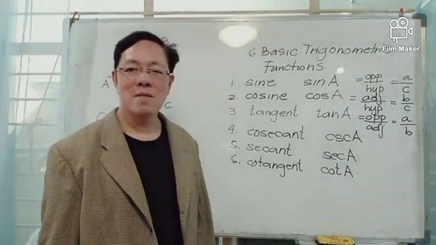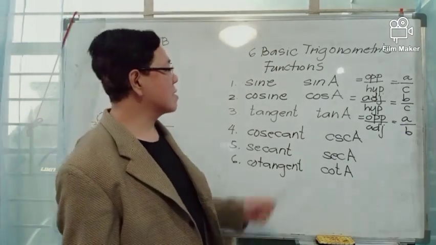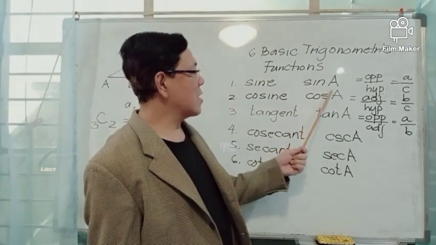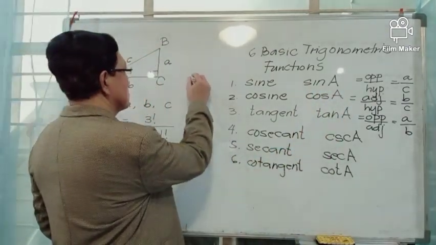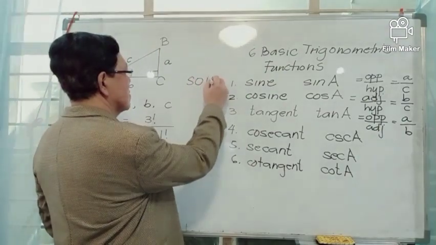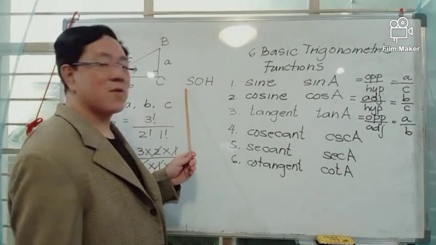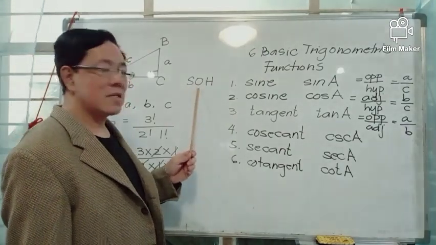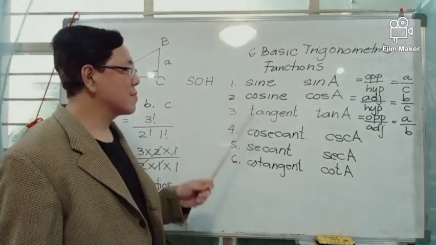Now for some, to easily remember this, the sine of A is written as SO, where S is for sine, and sine is the ratio of the opposite to the hypotenuse.